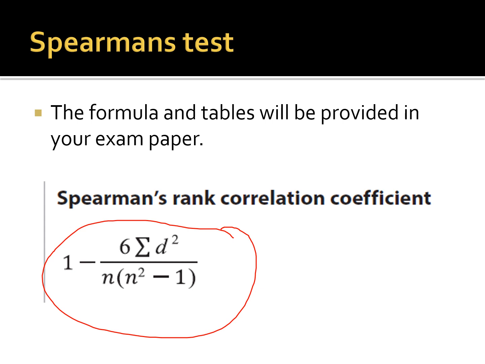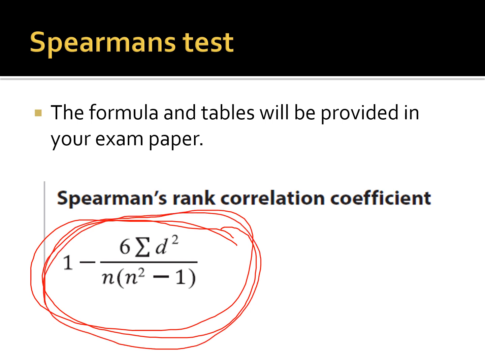This will be covered in your biological practical, and then we can recap how you work the formula out for a Spearman's correlation. So don't worry about that too much. You do not, under any circumstances, need to remember this formula. It is given to you. You just need to remember how to use it.